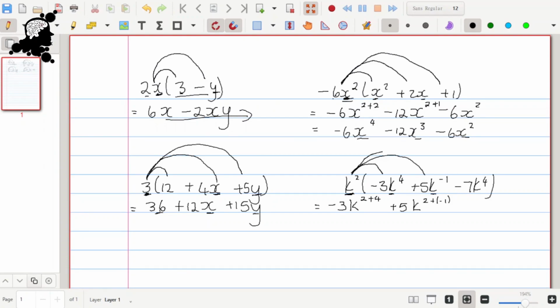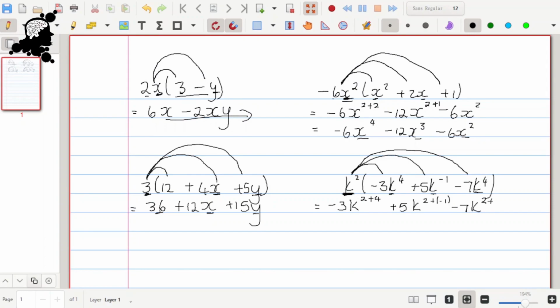Lastly, multiply the term outside the bracket with the term inside the bracket. k squared times negative 7k to the power 4. Multiply the coefficients. 1 times negative 7 is just going to give me negative 7. I've got k squared, I've got k to the power 4.